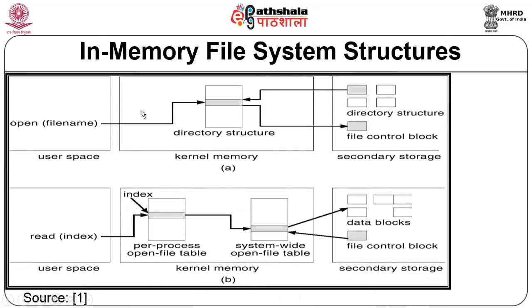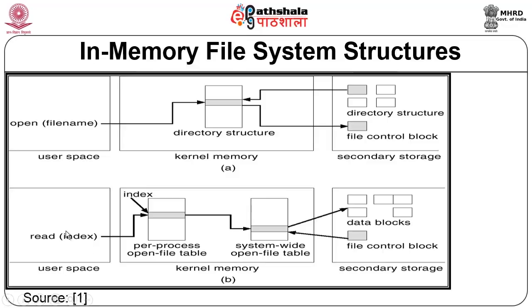So, here you can look at this diagram. You can see that the user is providing an open of a file name, which means that it needs to access the structure of a directory, and the structure of the directory is actually kept in the disk. From there you can copy it into the kernel's memory, and from there you can access the file control block. Then say if you want to read from a file, you need to provide the index.